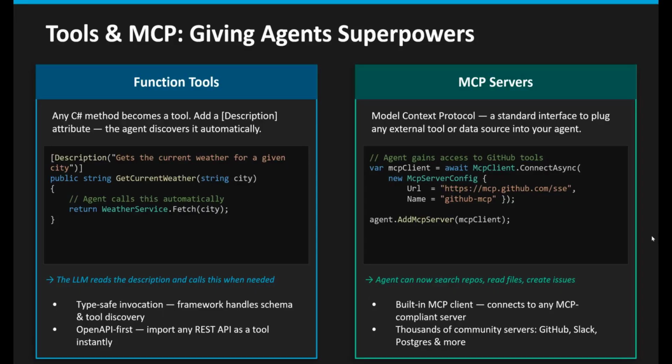All can easily connect with the built-in MCP client. As you can see in the example, we are connecting to GitHub MCP to get access to GitHub tools. Even better, Microsoft is hosting a growing collection of MCP tools directly on Azure AI Foundry. So you can start using powerful tools without having to set everything up yourself.